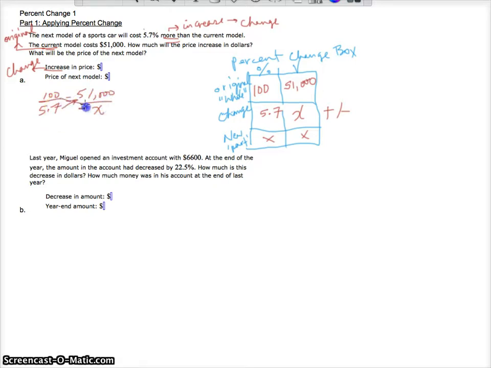Now I can cross multiply. I'm going to get 100x equals 5.7 times 51,000. So here I'm going to use a calculator. I get 290,700.